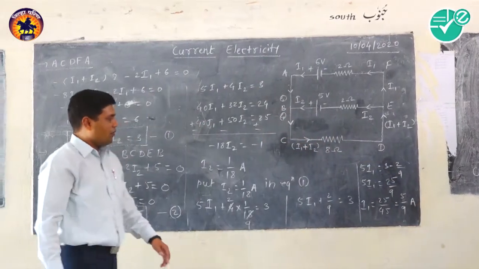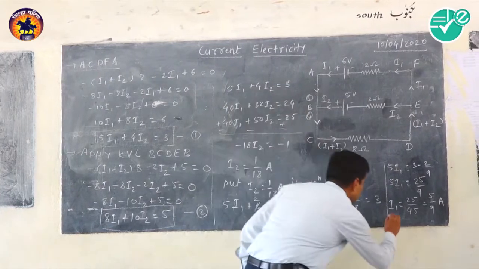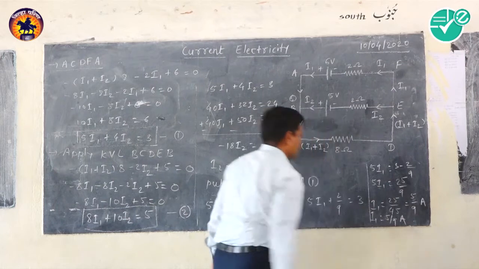So the value of I1 that we have got is 5 by 9 ampere.